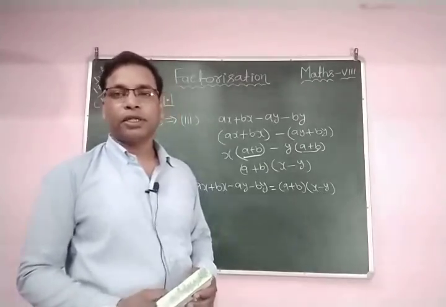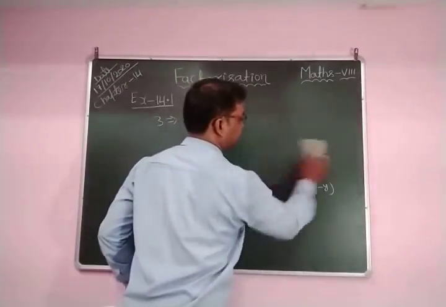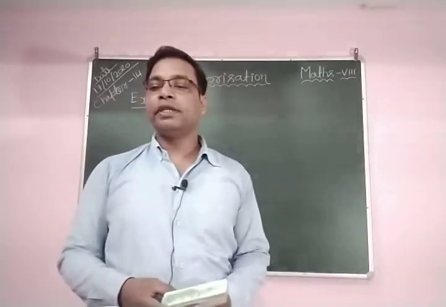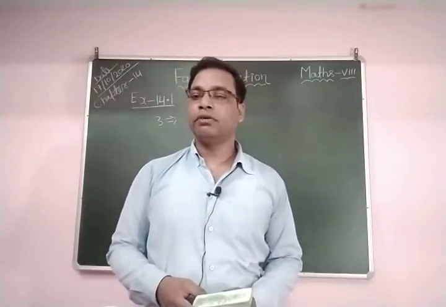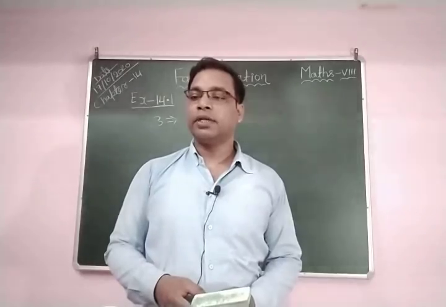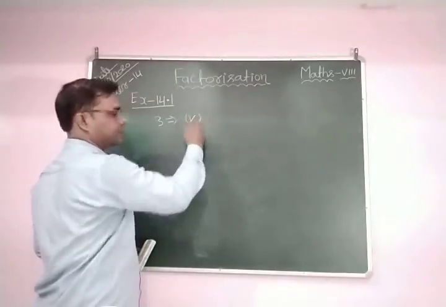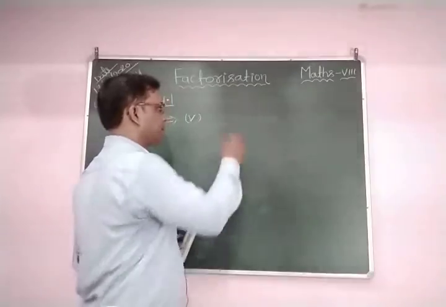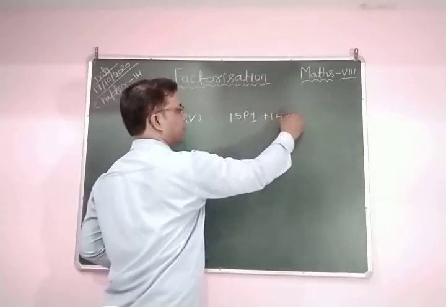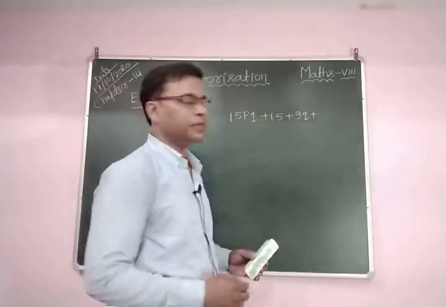Now the next part, the fourth part of this question, is 15pq plus 15 plus 9q plus 25p.